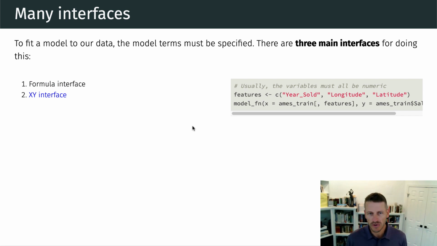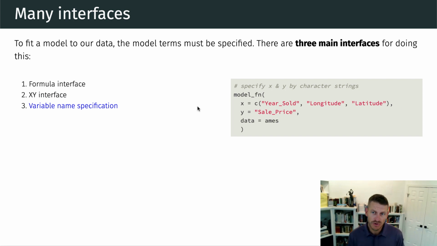Now, another way that you'll see is the XY interface. This is where we pull out the predictor variables and pass them into an argument called X. Then we pull out the response variable separately and pass it into the function as well. We call this the XY interface. The last one you may see is name specification, where we provide a vector of the names of our feature variables.